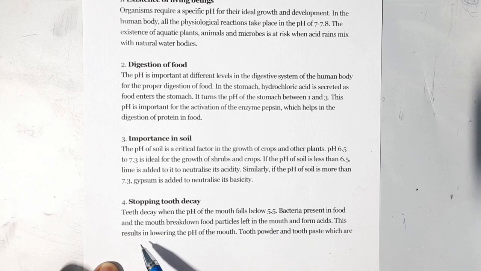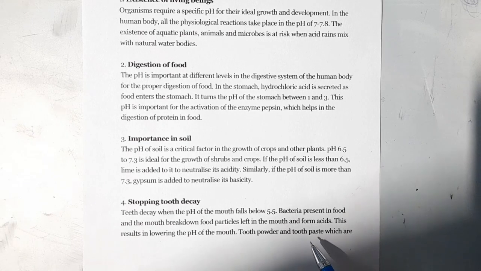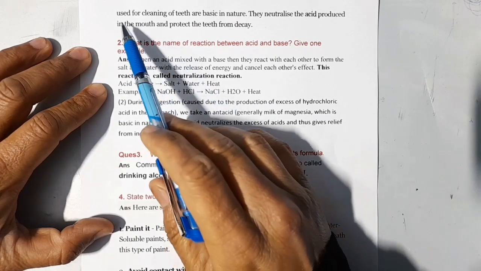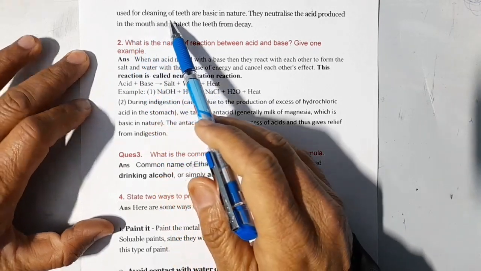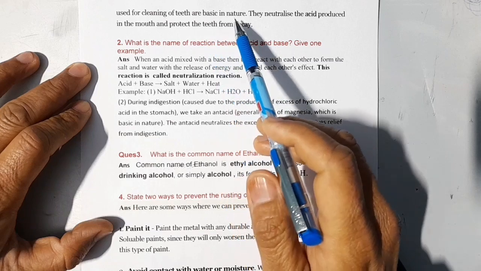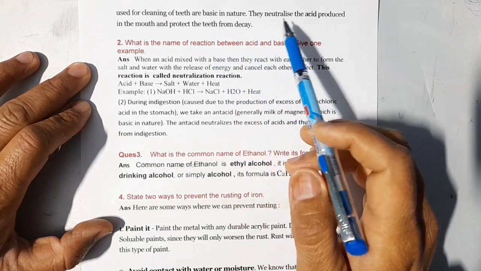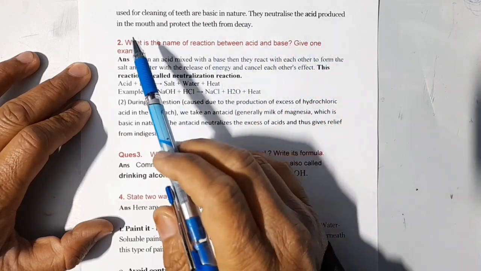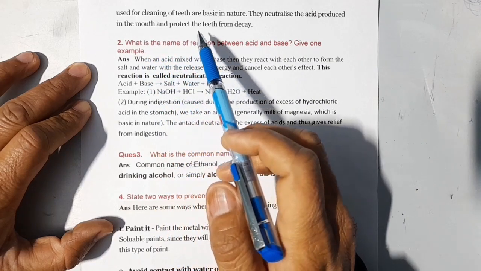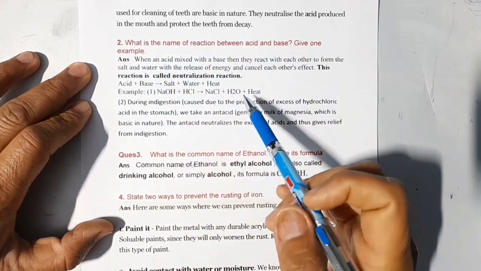This results in lowering the pH of the mouth. Tooth powder and toothpaste, which are used for cleaning of teeth, are basic in nature. They neutralize the acid produced in the mouth and protect the teeth from decay.